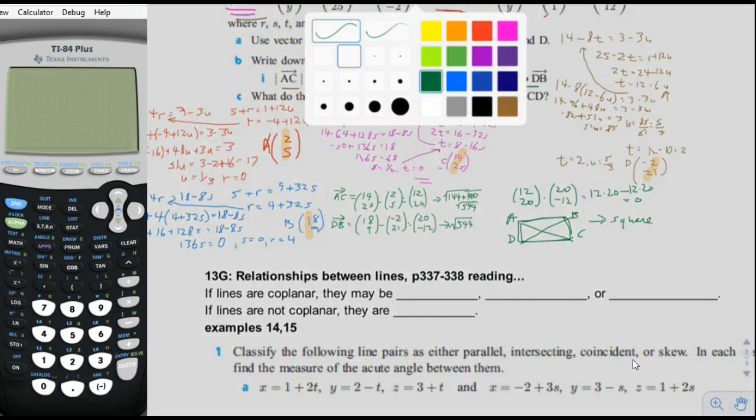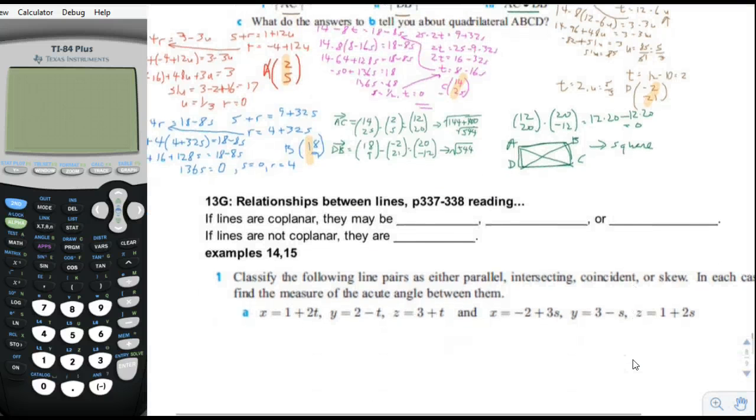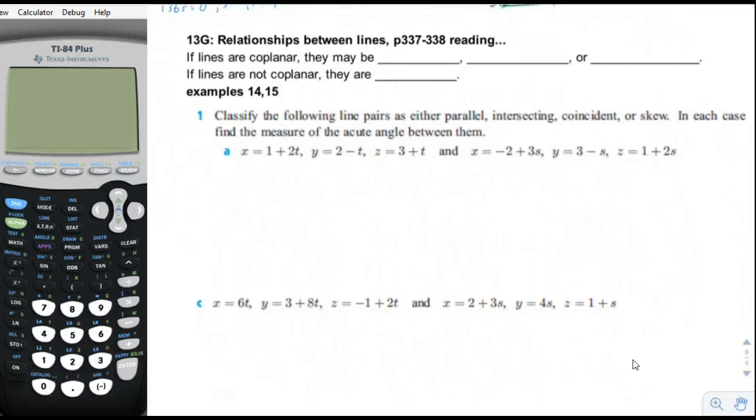Okay, moving on. Okay, 13G, relationships between lines. If lines are coplanar, they may be parallel or perpendicular or intersecting. Okay?